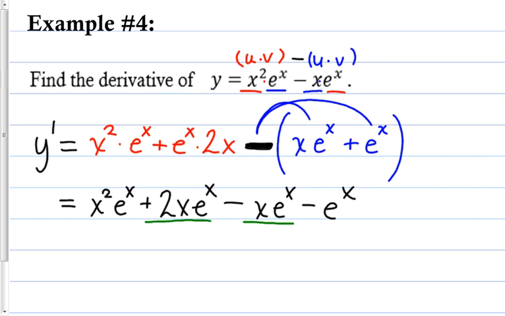So basically I have like two of these things, whatever they are, and then I have a negative 1 of these things, okay, whatever they are. So 2 apples minus 1 apple, basically. And that's the only thing I can simplify, and that'll be it. So my next line is my answer. So x squared e to the x. So I have 2 minus 1, so that leaves me with just a positive 1. X e to the x minus e to the x.